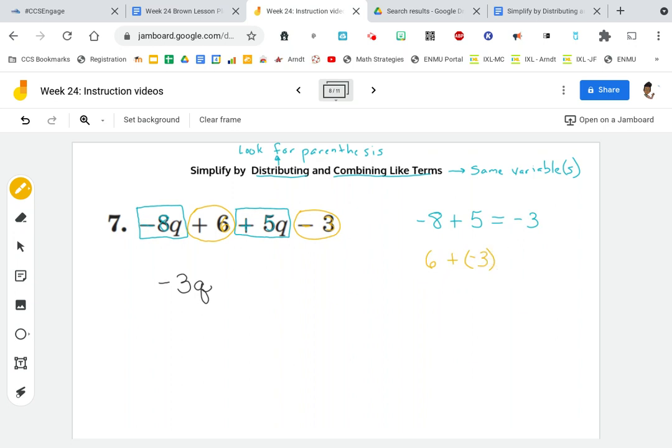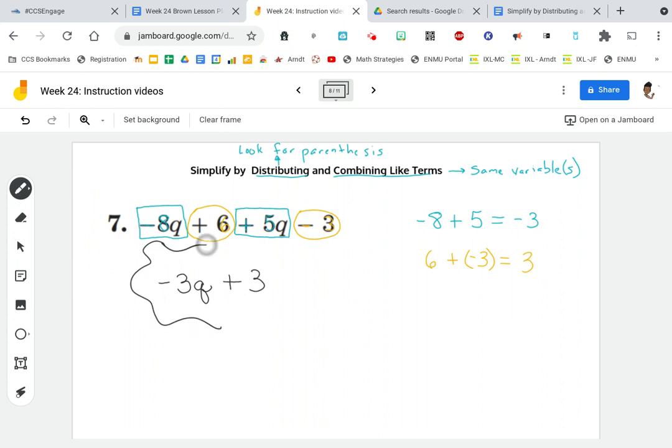So, a positive 6 combined with a negative 3 leaves me with a positive 3. Therefore, beside my negative 3q, I need to write a positive 3. And this is my answer.